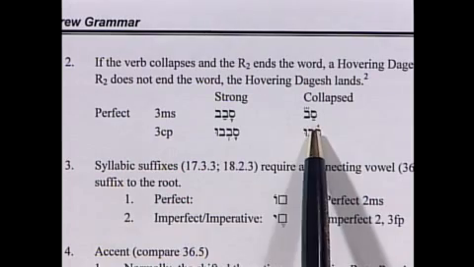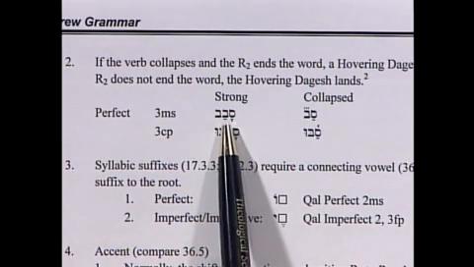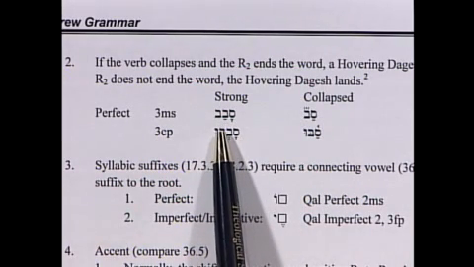Okay, so if we have a collapsing, look at number 2 of our general remedies. If we have a collapsing of the verb, and when the verb collapses, if that verb does not have something on the end of it, some type of vocalic ending or pronominal suffix or some type of ending, we're going to have a hovering dagesh. And so you can see that here. Again, this word can be strong, savav, as we've already discussed.